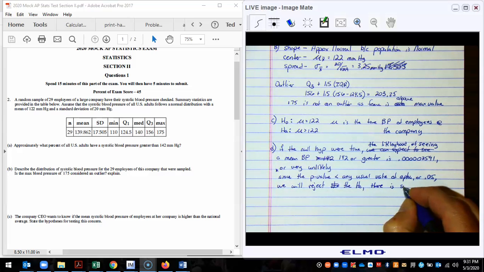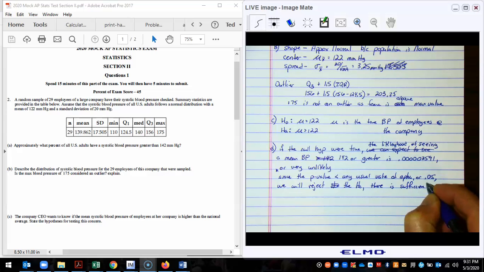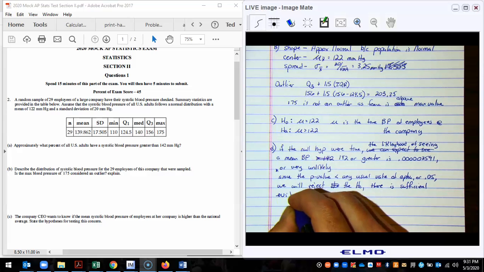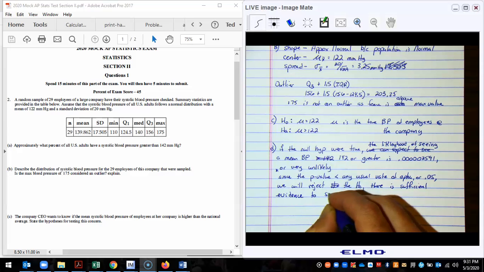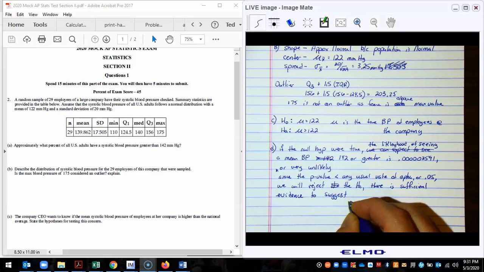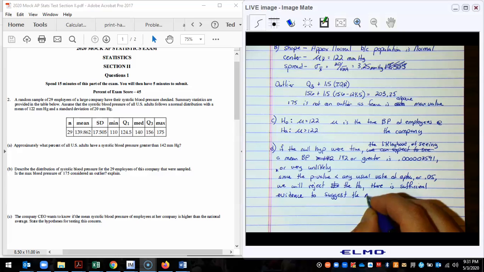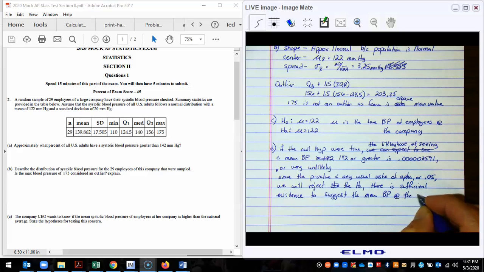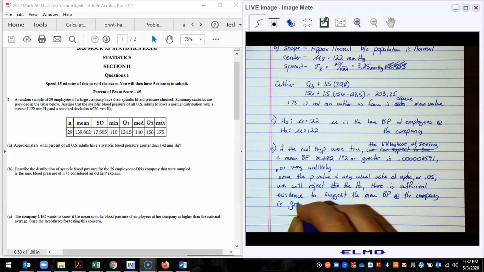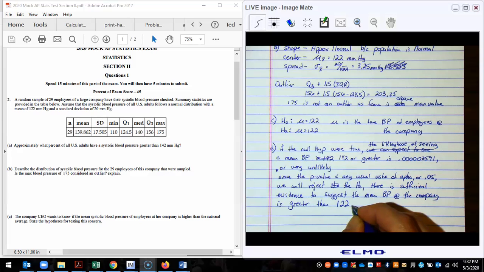There is sufficient evidence to suggest the mean blood pressure at the company is greater than 122 millimeters of mercury. All right, so we got that one covered.